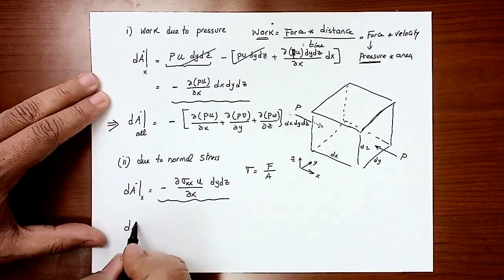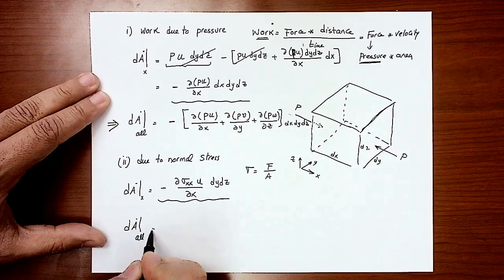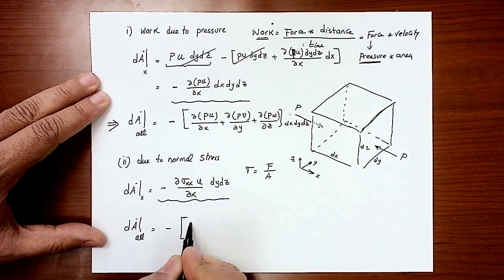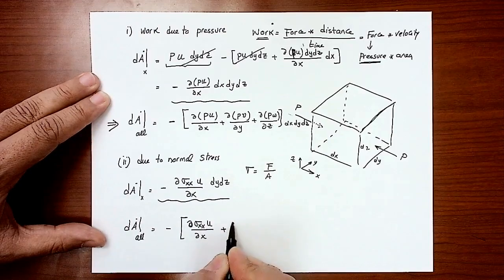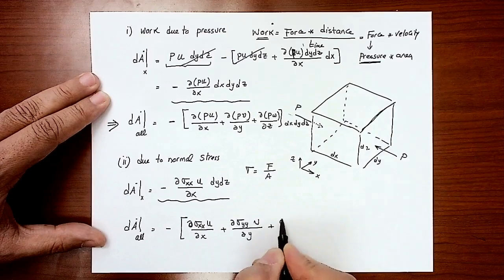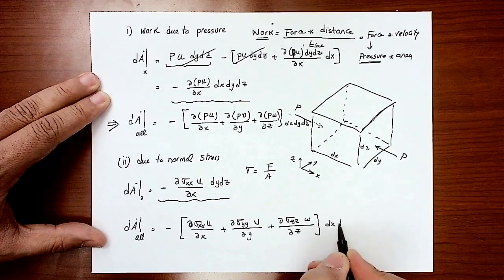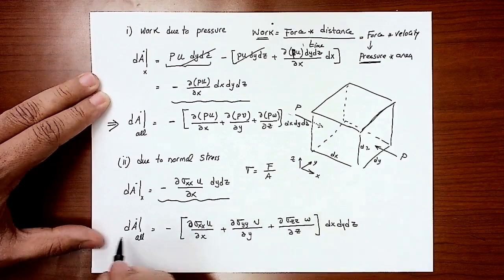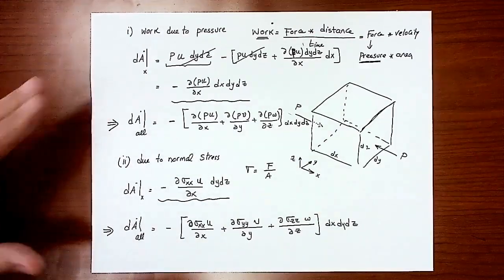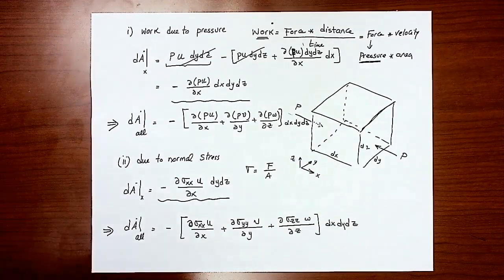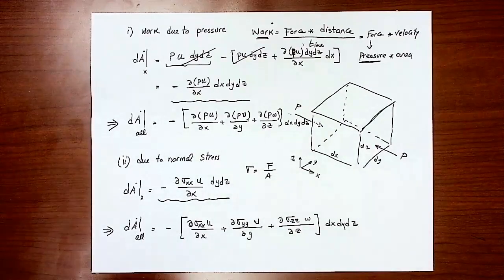So I can write dA dot in all directions as minus partial sigma xx times u by partial x, plus partial sigma yy times v by partial y, plus partial sigma zz times w by partial z, with dx dy dz as a common factor. So this is the work component due to the normal stress for that fluid element.